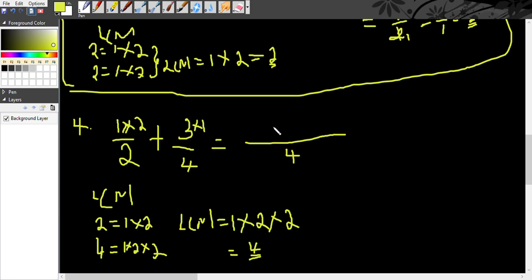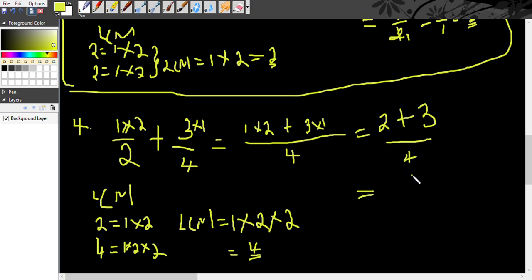So we will have 1 times 2 plus 3 times 1. That gives us 1 times 2 is 2, and 3 times 1 is 3, all over 4.